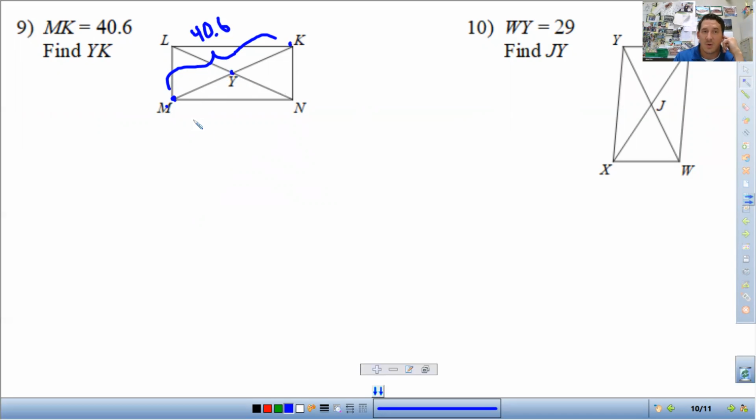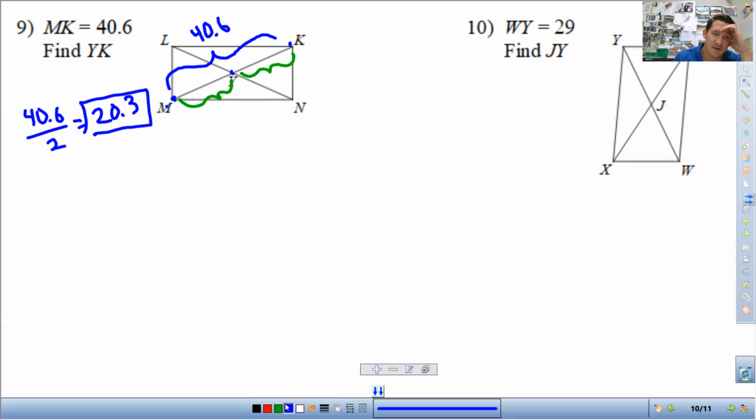The other parts down here, in green, are going to be the same, and they're just going to be half of 40.6. So if you just take your 40.6 and divide it by 2, you get 20.3. Given the whole, you're trying to find the half. So these are each 20.3.